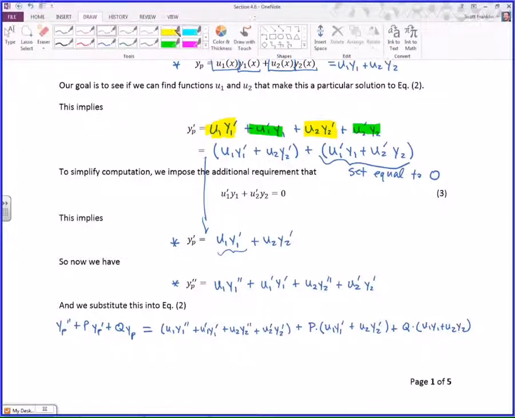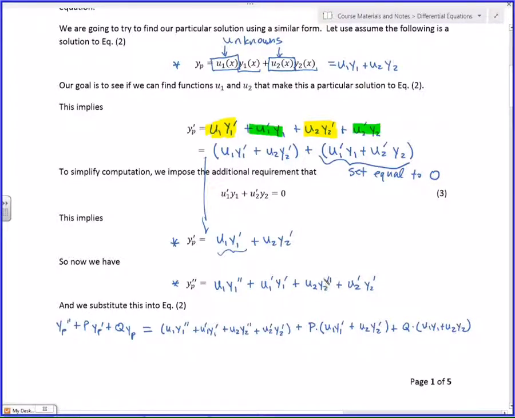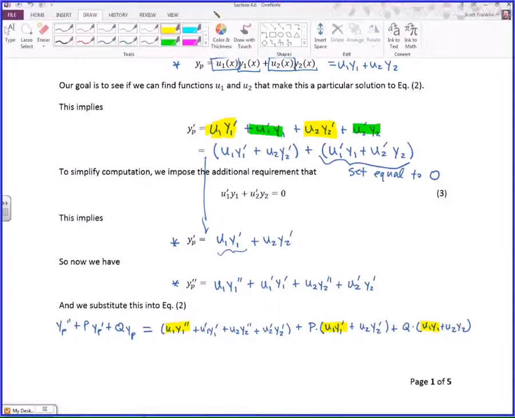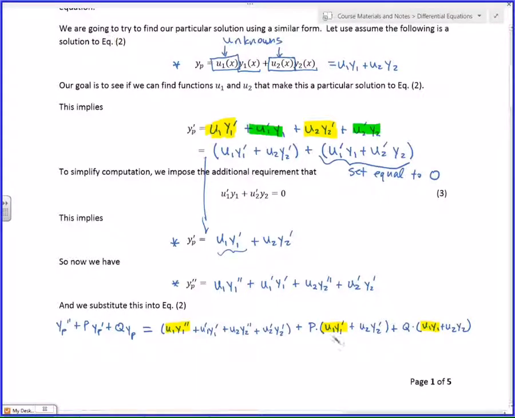Okay, now I'm going to group all of the u1s, not the u1 primes, but the u1s together. So the u1 here, the p u1 y1 prime, and the q u1 y1 here. If I distribute this p, of course, and this q, and then I put all of those together and factor out the u1, I'm left with y1 double prime plus p y1 prime plus q y1.